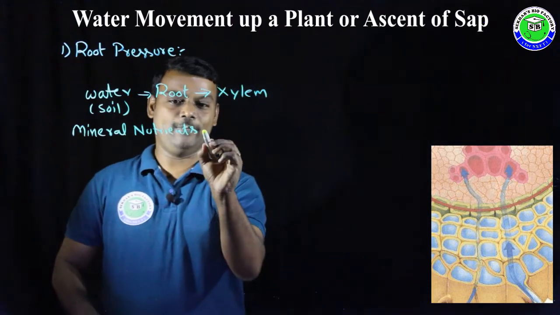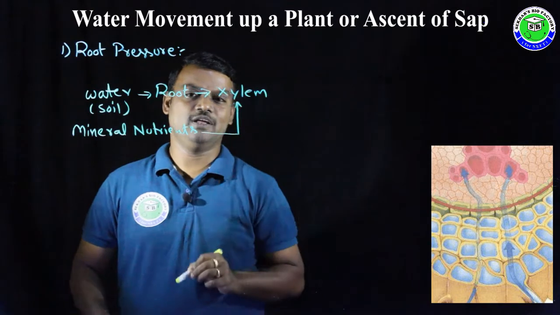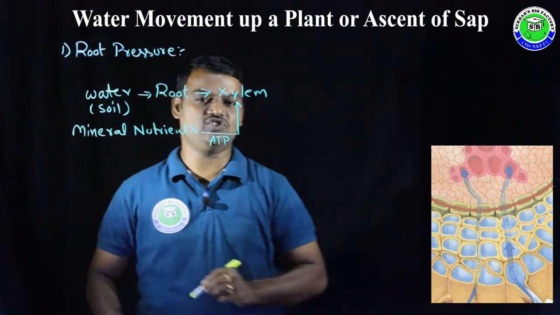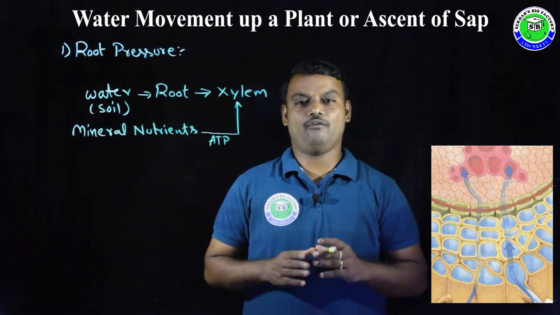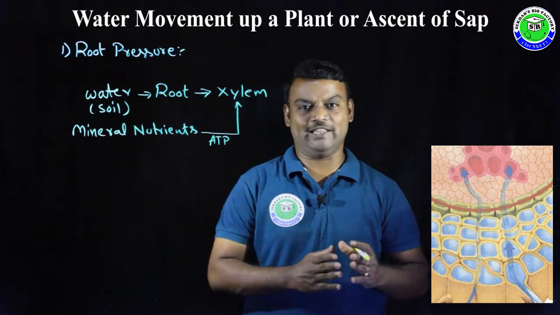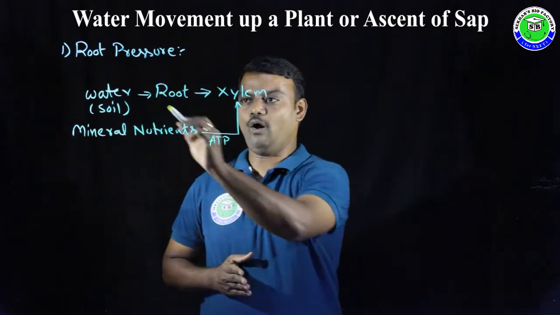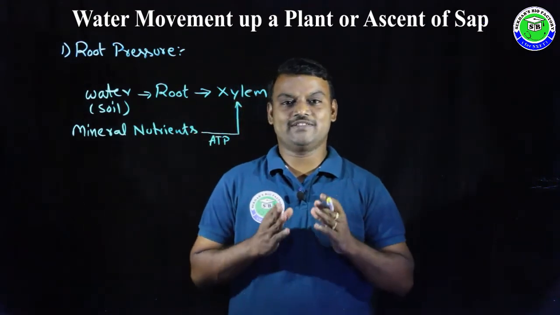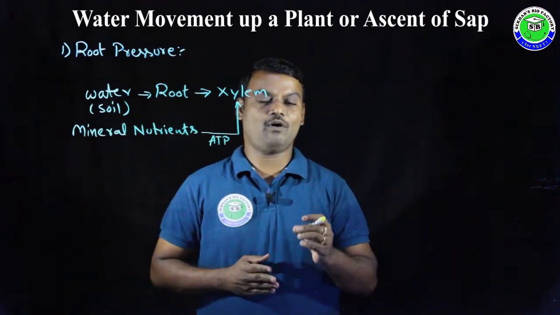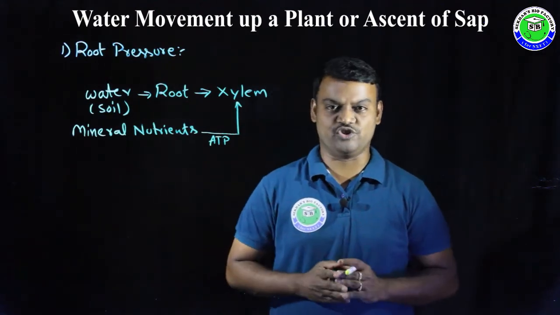That means when the mineral nutrients are transported into the root and reach the xylem, this transportation needs ATP energy, so the entry of nutrients into the root system is an active transport method. Once the mineral nutrients reach the xylem along with water, it becomes a sap. That means mineral nutrients are dissolved in water and it becomes a concentrated solution.